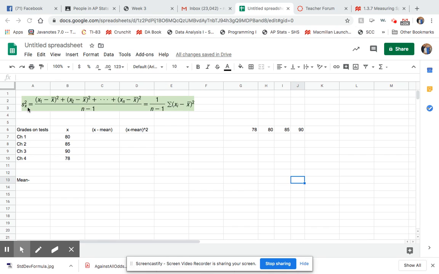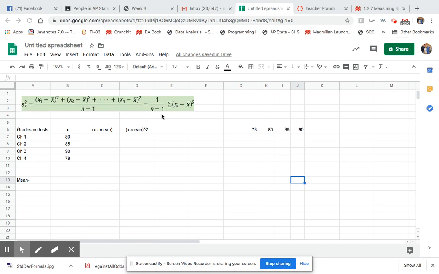So after I get the variance, I'm going to take the square root of all this to get back to the standard deviation. So again, S squared is the variance, S is the standard deviation, and we use S when it's coming from a sample. We'll use the sigma symbol, kind of that Greek letter, looks like a circle with a little loop on the top, when we're finding if it's from the population. We're usually trying to find the population from a sample. So most of the time we'll be calculating this one.